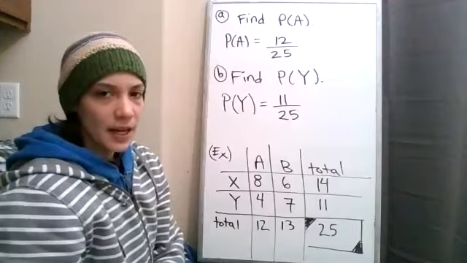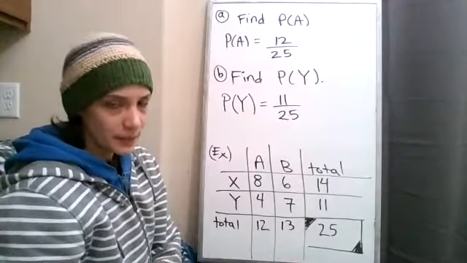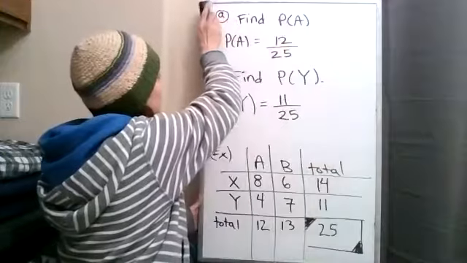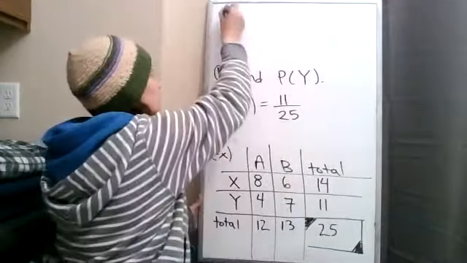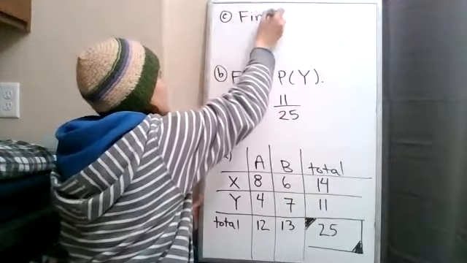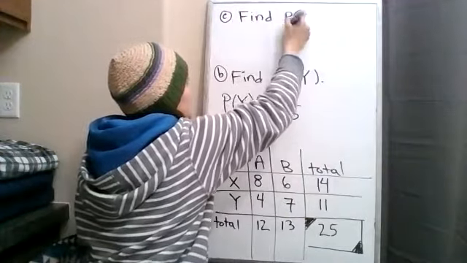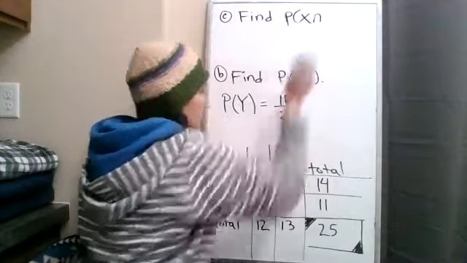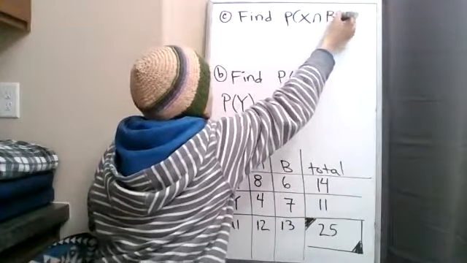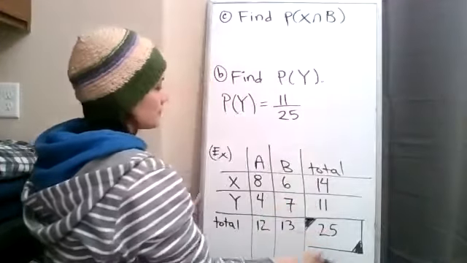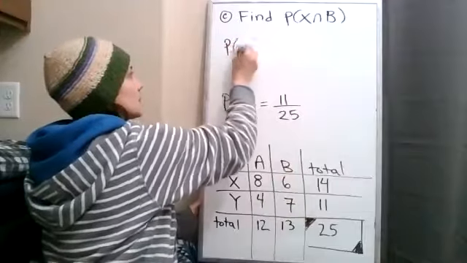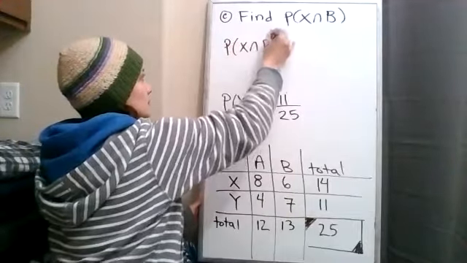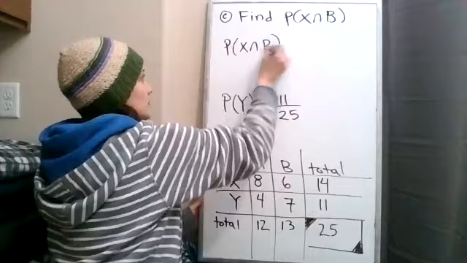Let's find the probability of X intersect B. We will find event X, which is this part.